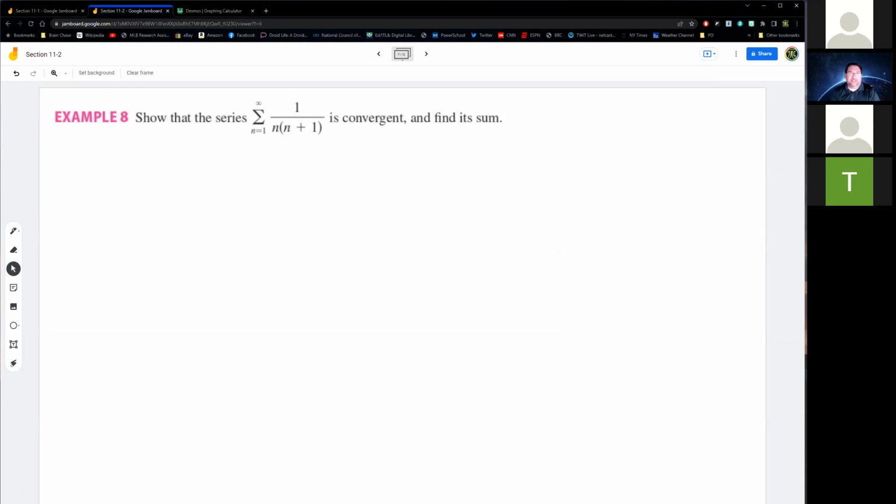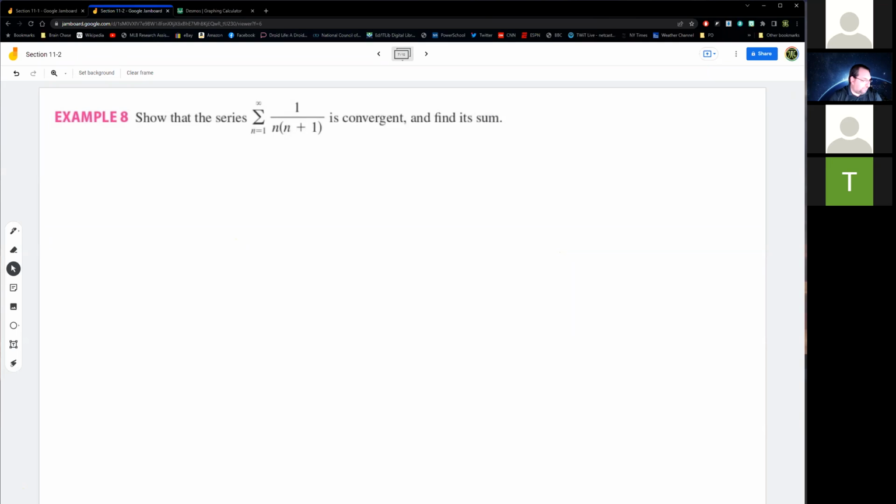First off, is this one a geometric series? No, it is not. So if we're looking at a series like this that's not a geometric series, sometimes we just have to go back to looking at the partial series and see what they actually come out to be.